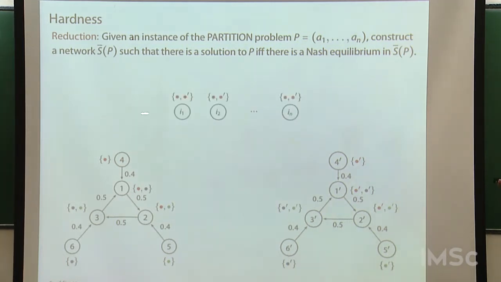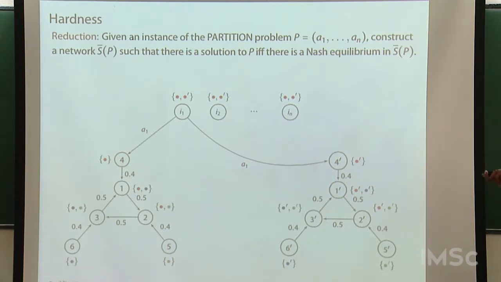So what you do is add n nodes. This corresponds to the indices 1 to n. They have in the product set 4 and 4 prime. I mean, if you can force this node 4 to adopt T0, then you can ensure that this network has a Nash equilibrium, right?